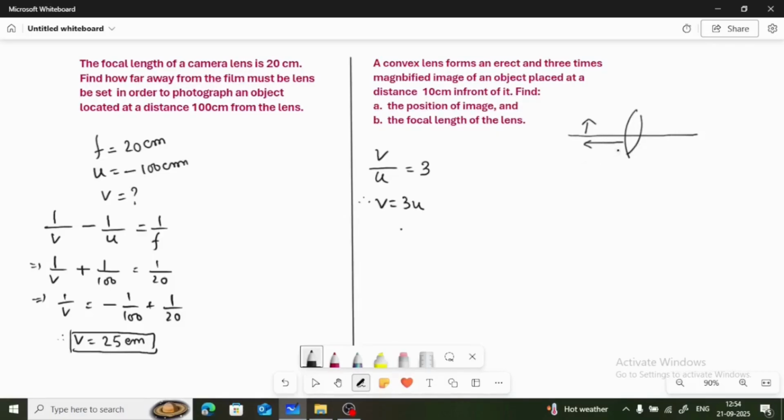So according to the sign convention, u is negative, minus 10 cm. Now put the value: 3 into minus 10, that means minus 30 cm. So you find the position of the image.